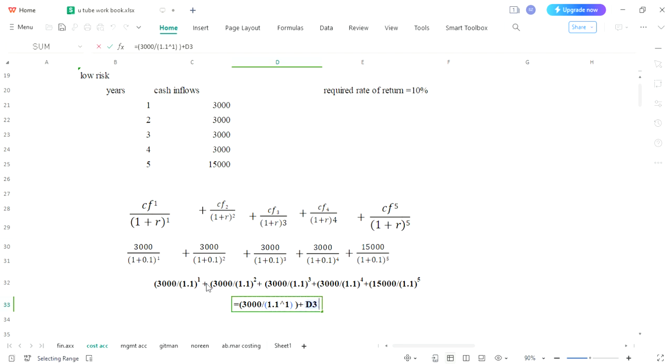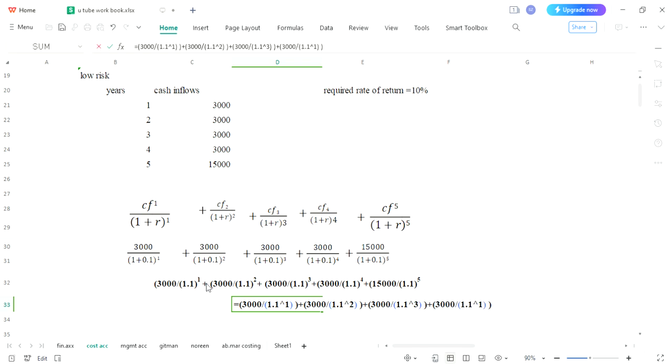So guys, we have written the first statement. For the second statement, we do not need to write it again. Just put your second value and change its power to 2. For the next, put the value and change its power to 3.